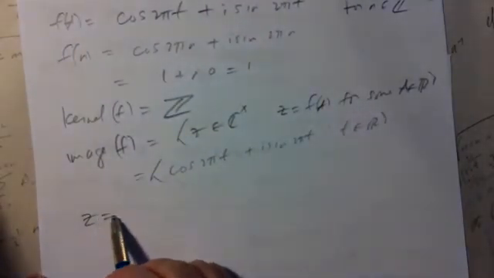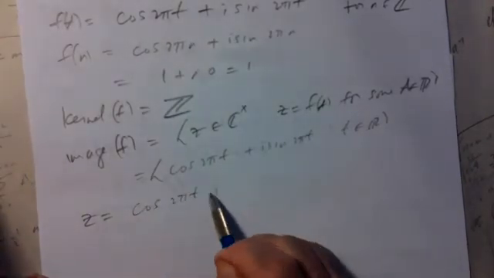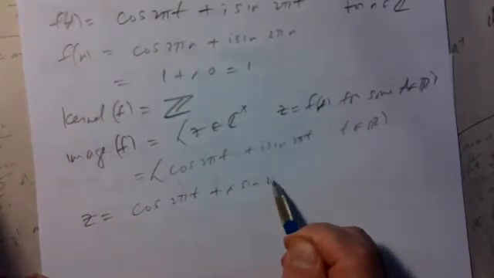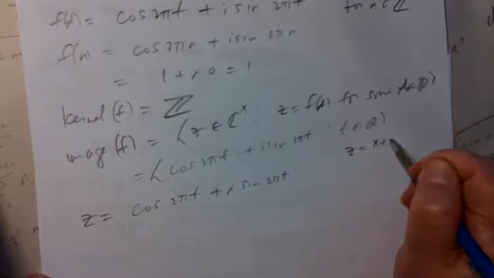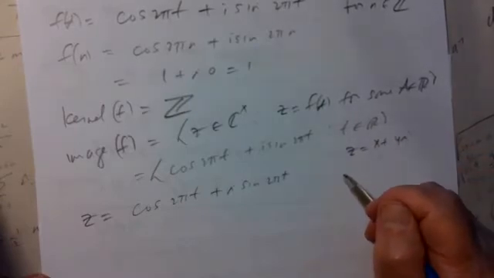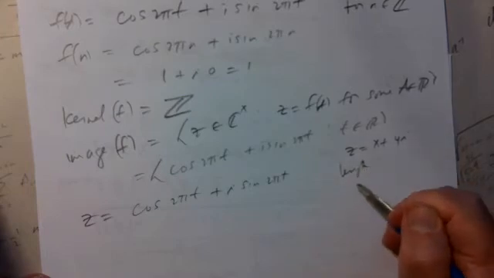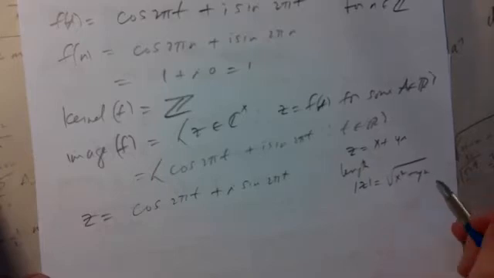What can we say about this? So suppose you take the complex number cosine 2 pi t plus i sine of 2 pi t. If you have a complex number x plus yi, the length, or the absolute value, is the square root of x squared plus y squared, right?